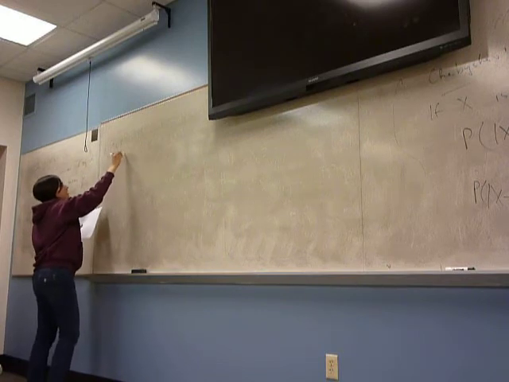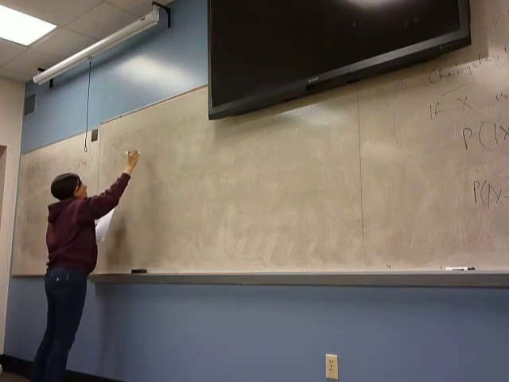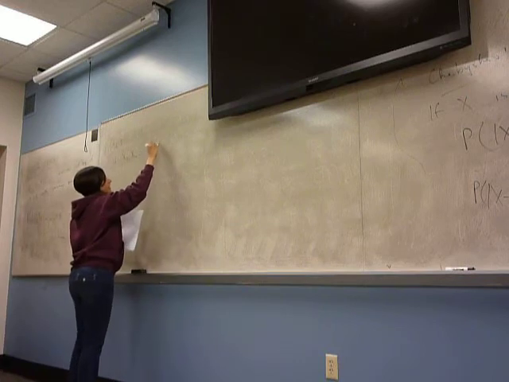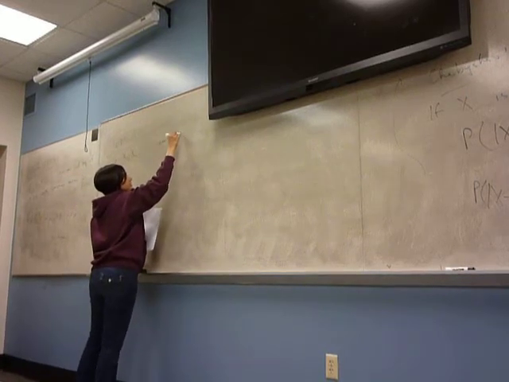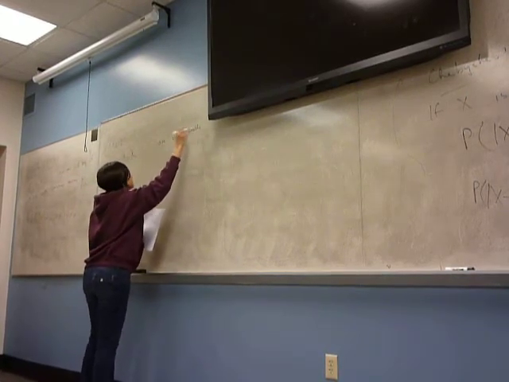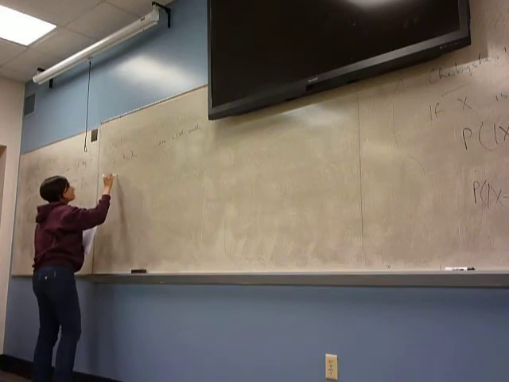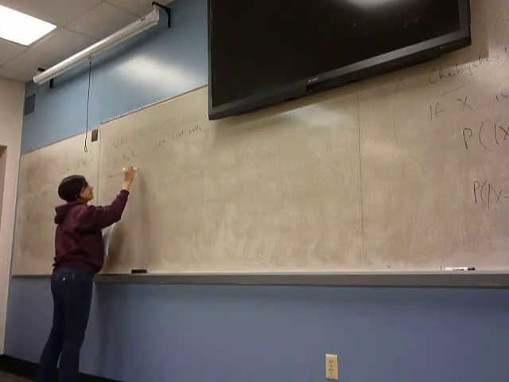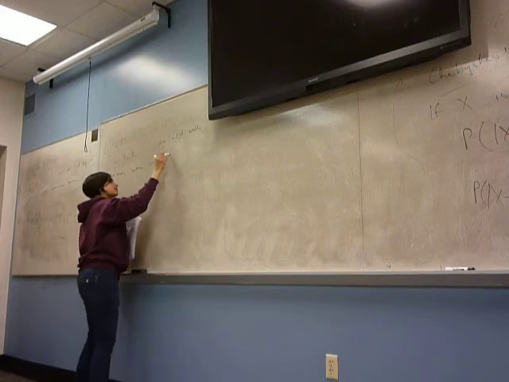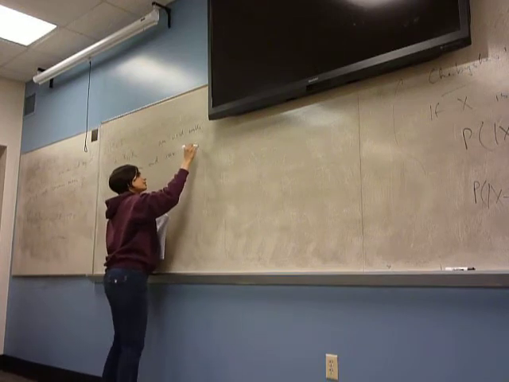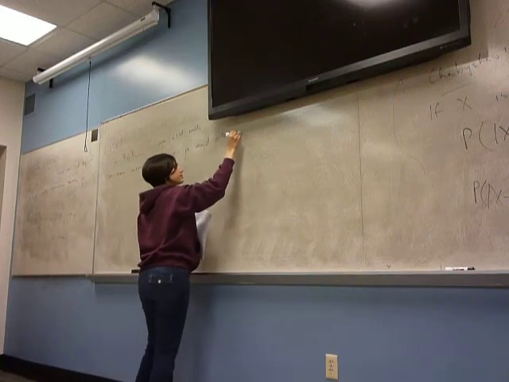Basically, if x1, x2, ..., again, we're going to take them to be IID, with common mean mu and variance sigma squared.